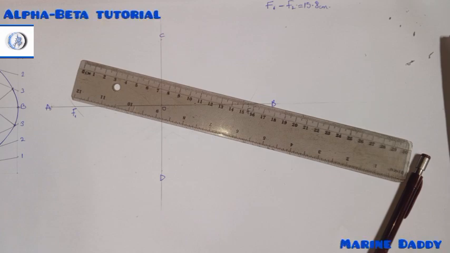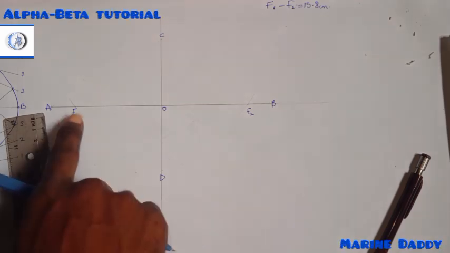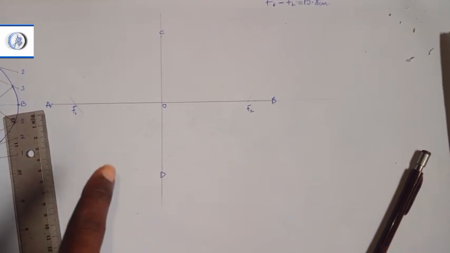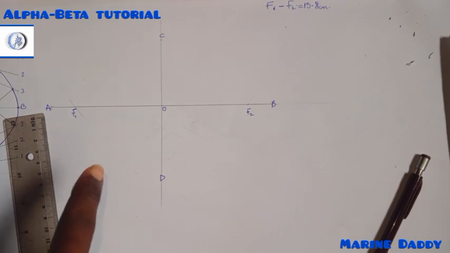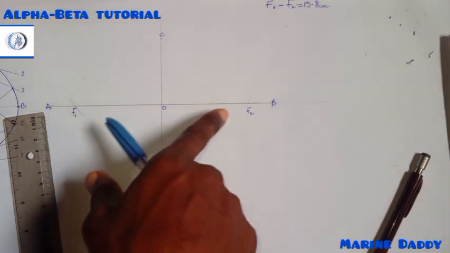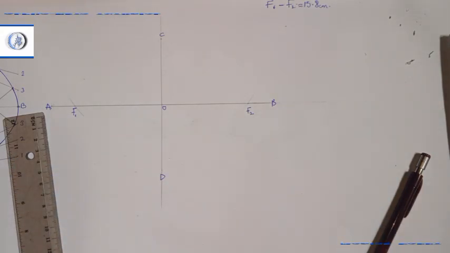Okay. The next thing I need to do is to divide F1 to F2. Divide it into 8 equal parts. Please always work with 8.